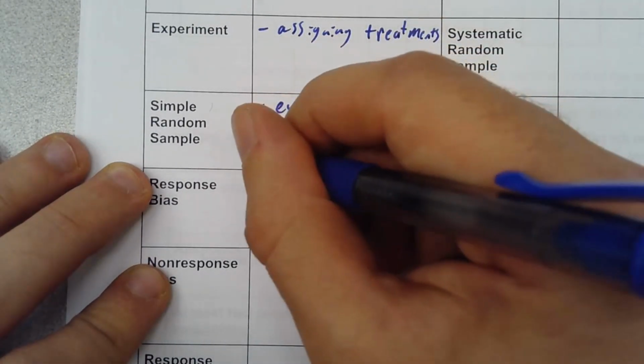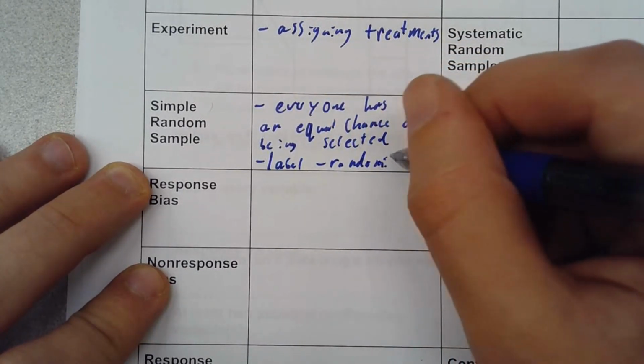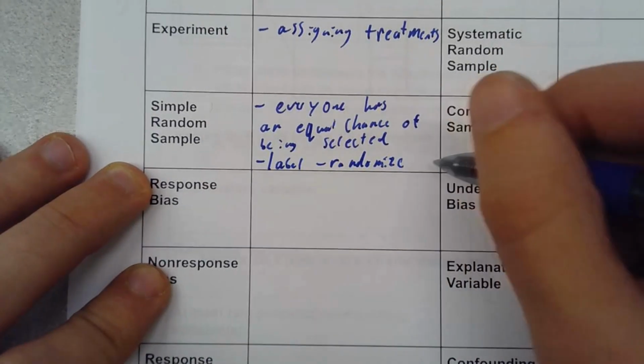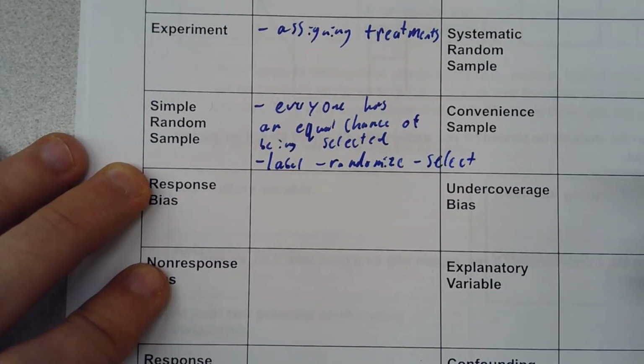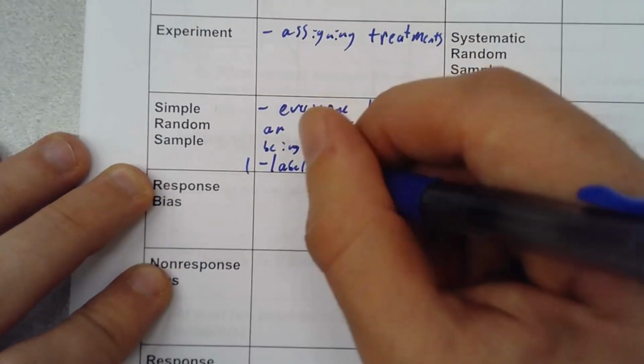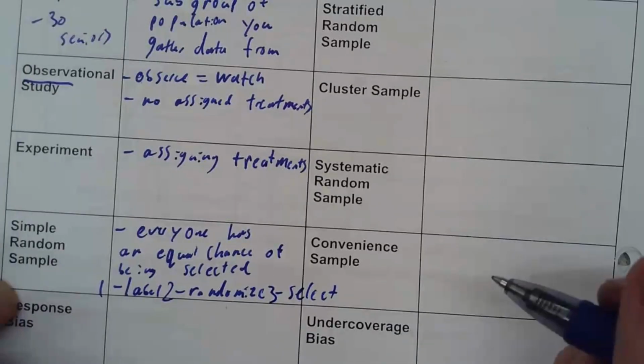Okay. Usually this looks like label, randomize, and then select. That would be like the order. It's like 1, 2, 3. Okay. All right.